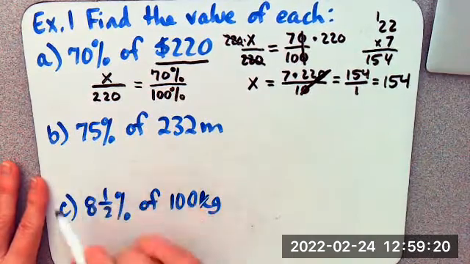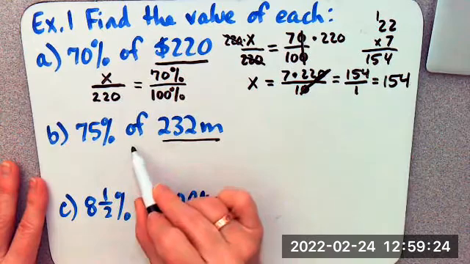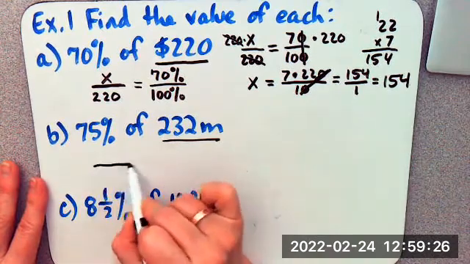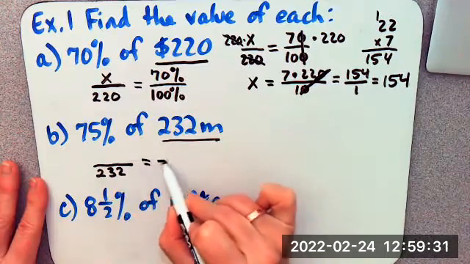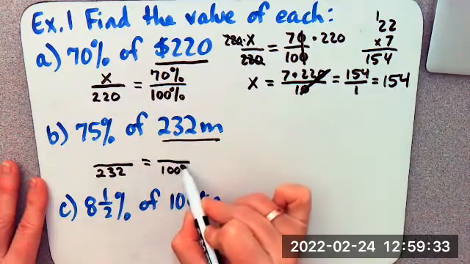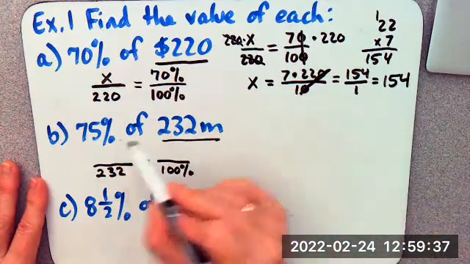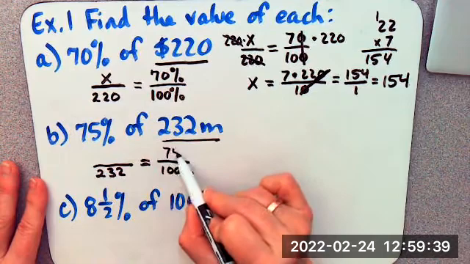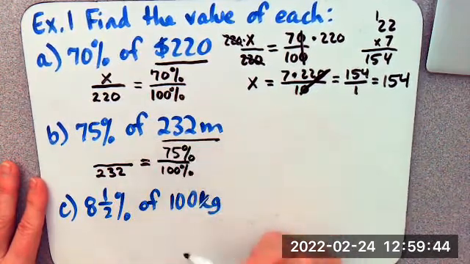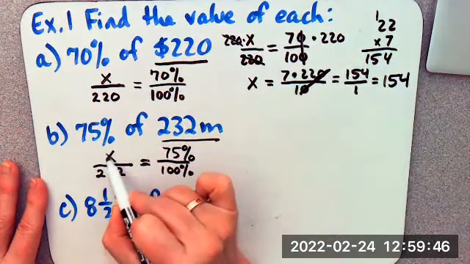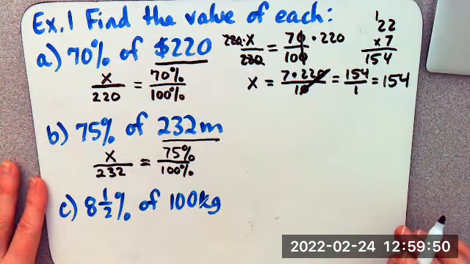Okay, so if we set this up for this one, we have the "of" number, the number that comes after "of". So that's going to go down here to 32. That's going to be compared to 100%. Then the 75% goes over the 100% because this is the percent ratio. And we're still trying to find that new amount, that's 75%.